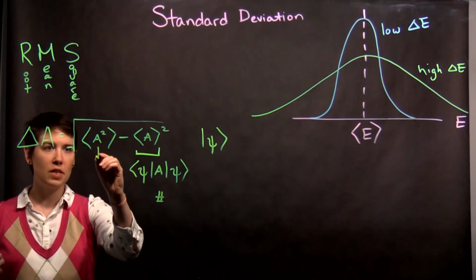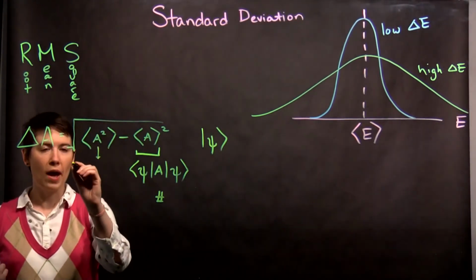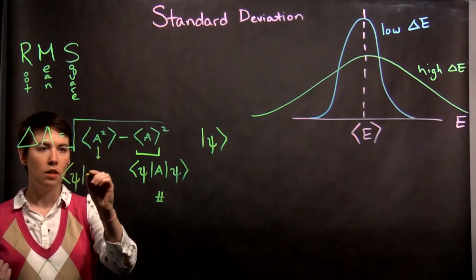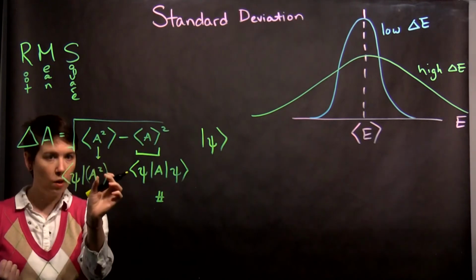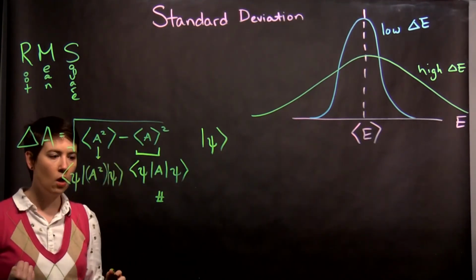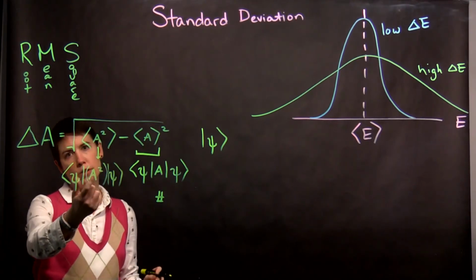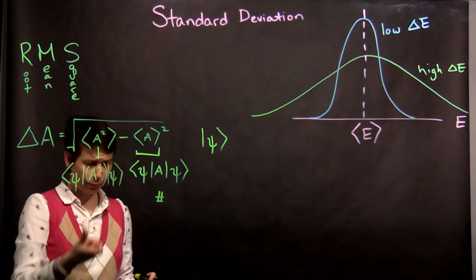This literally means the operator squared. So you have to calculate it like this, where you've squared the operator and then you're finding its expectation value. If our operator is a matrix, this is squaring the matrix and then doing this work.